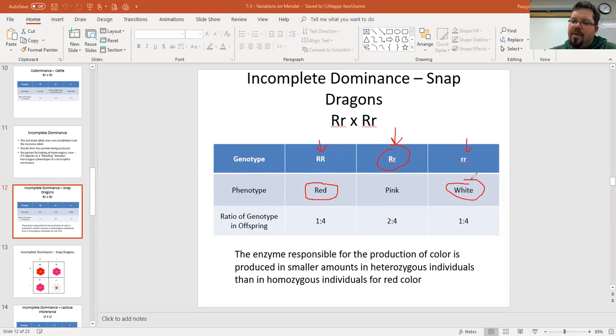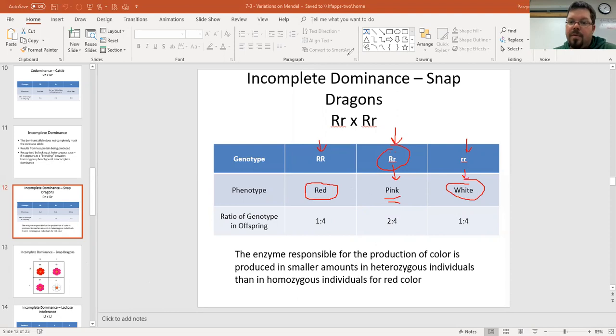The plant with both recessive alleles completely lacks protein production, so it appears as white flowers. But in the middle case, it produces those pigment proteins at a lesser rate, so the flowers appear pink. So pink is a mix, if you will, or a blend between red and white.